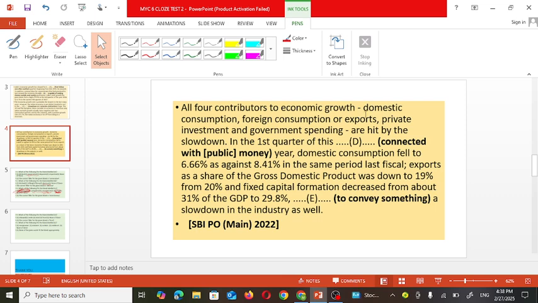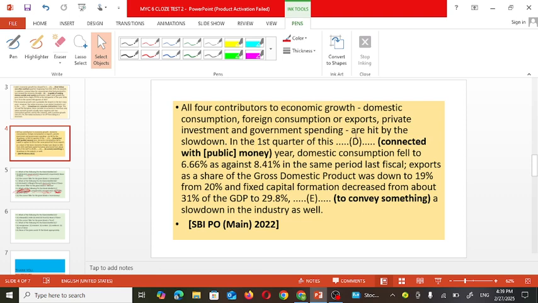So, which four contributors are there for the economic growth? Domestic consumption means domestic market here. Foreign consumption means whatever we are exporting outside or exports. Private investment and the government spending. Private investors, those who are investing here in our country, and the government spending, whatever government spends in our economy. So that together contribute to growth of any country. So these four contributors are hit by the slowdown. So as you are able to observe the slowdown in all these things.